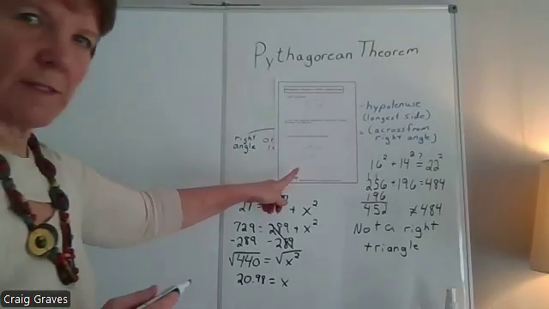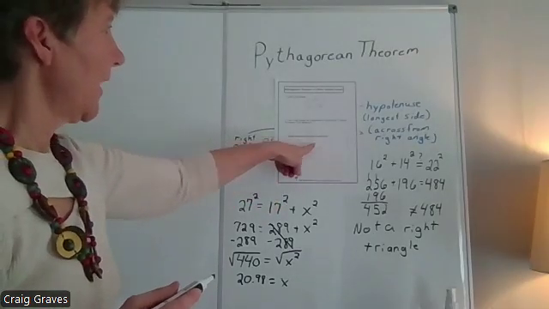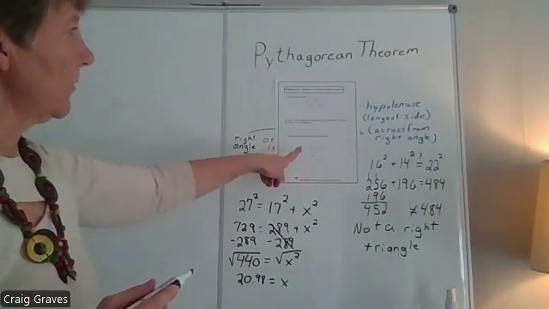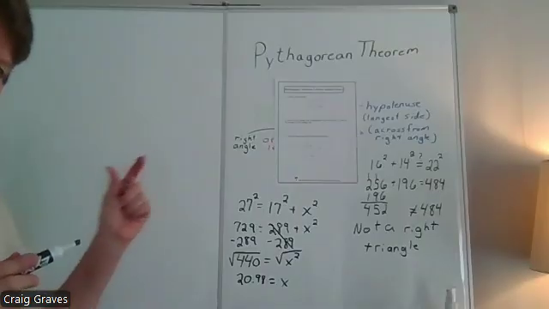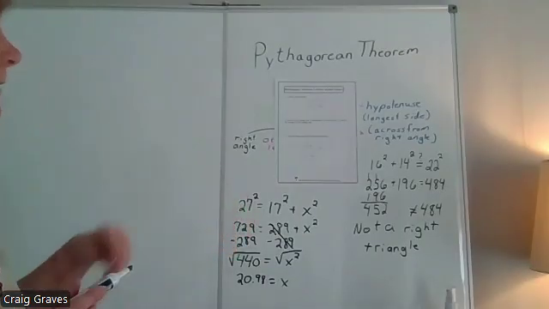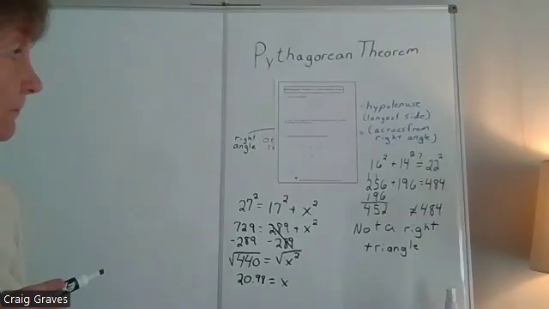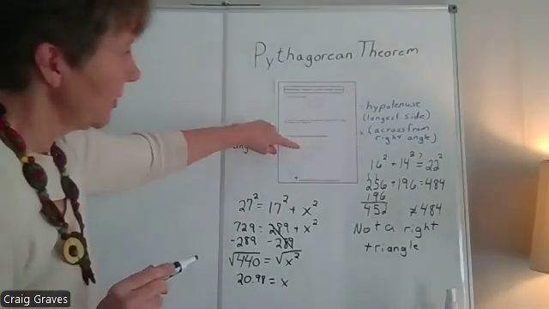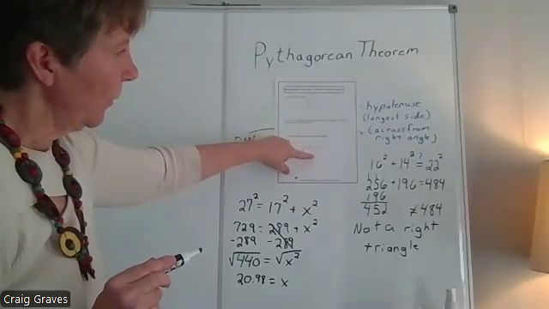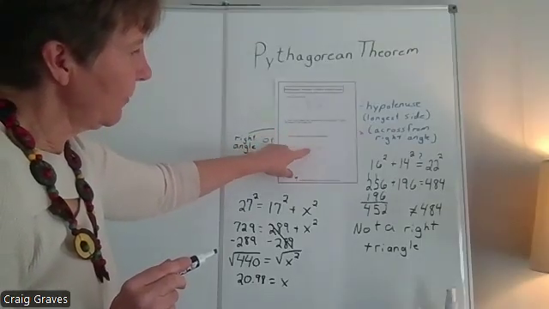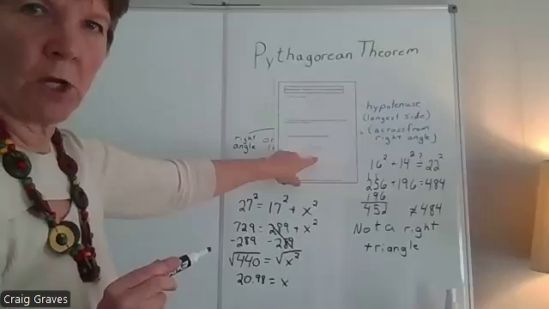Okay, now let's look at this last one here. It says find the missing side of this triangle. So we have 42 and 75. Do we have two legs there, or do we have a leg and a hypotenuse? It looks like this would be the right angle. So the side across from the right angle is always the longest side.